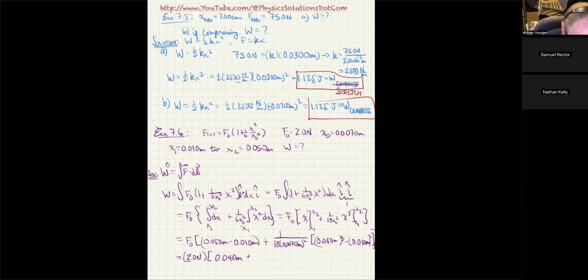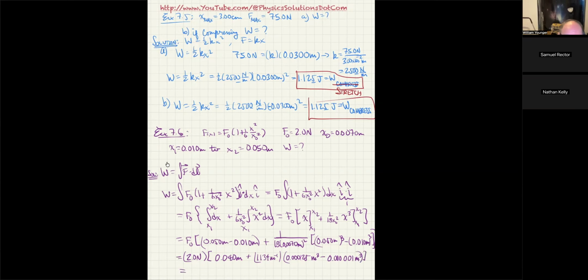This gives me a really big number, 1,134 meters to the negative 1 power, and then 0.05 cubed is 0.000125 meters cubed, minus 0.01 cubed, which is 0.000001 meters cubed.